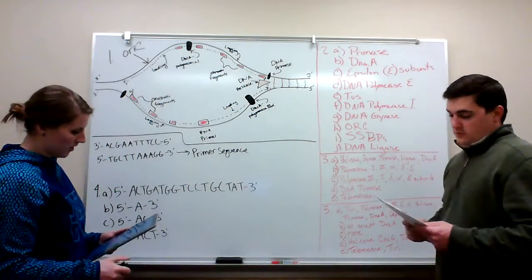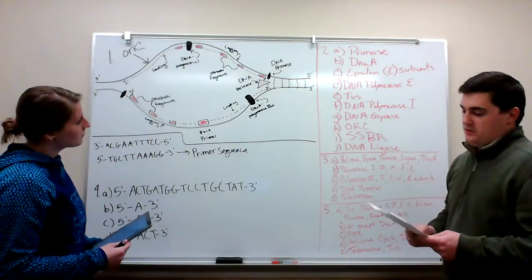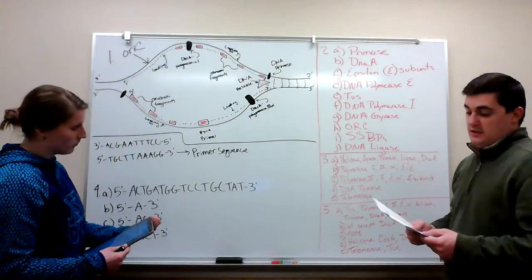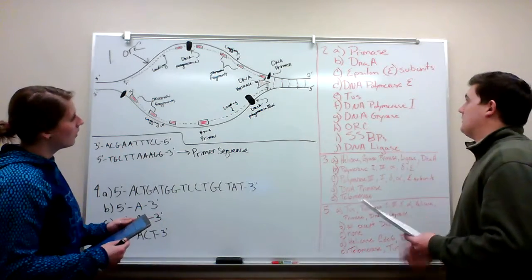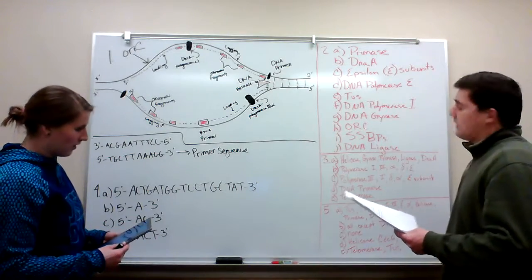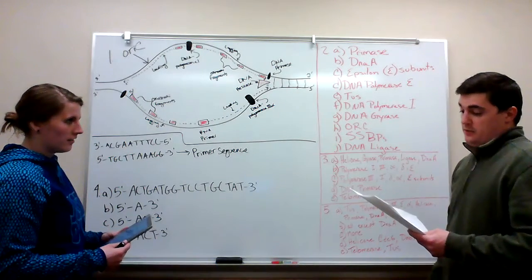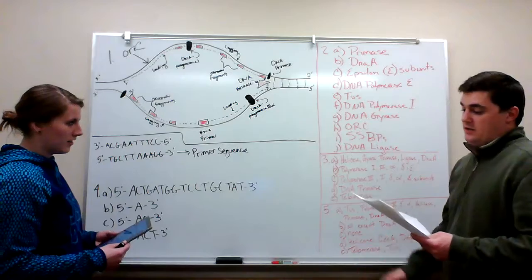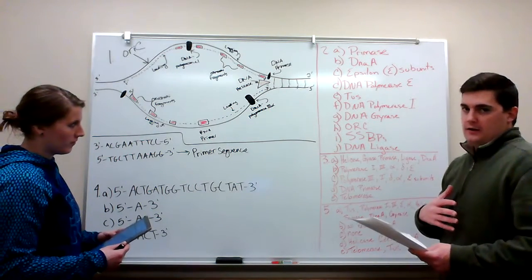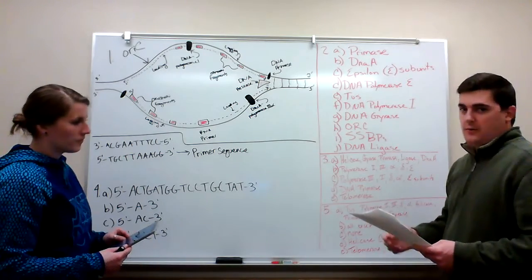For 2B, it says this protein promotes the separation of the AT-rich sequences within the OriC, and we got DnaA for that one. For C, this subunit of DNA polymerase 3 contains proofreading activity, the ability to go back and correct any issues that might have happened.